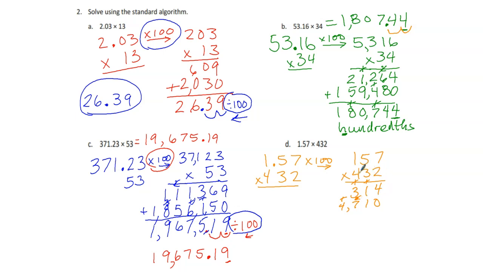Now I have 4 hundredths times 7 is 28 hundredths. I can't put my 28 in the hundredths place, so I'm going to regroup 20 in my hundredths as 2,000. Now I have 4 hundredths times 5 tens is 20 thousands plus my 2,000.